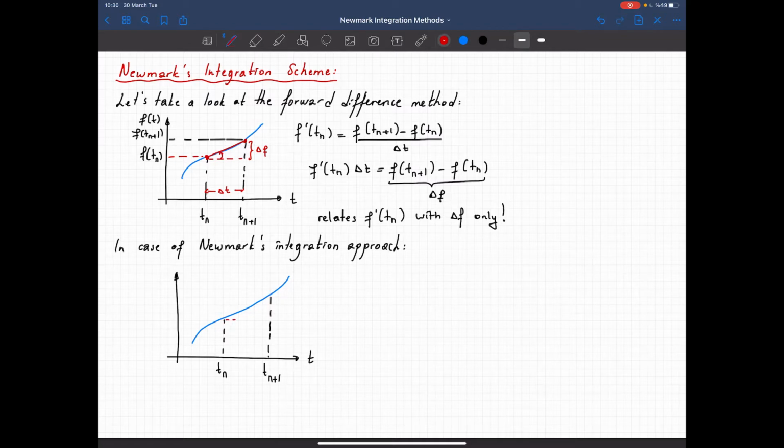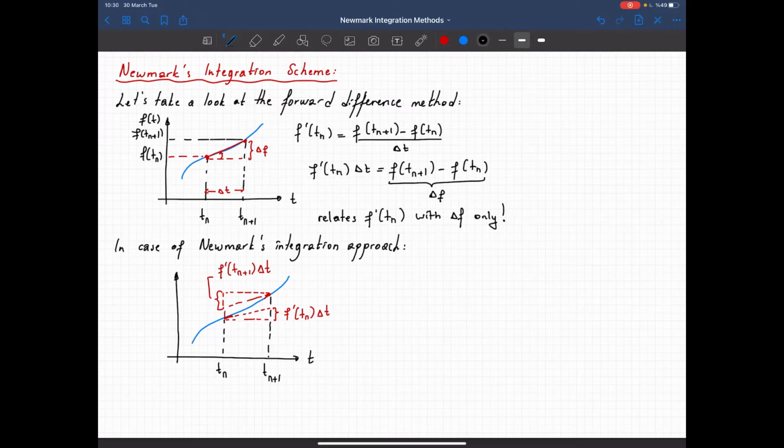So what we are doing is we are using this slope, whatever it is, and we are getting this value, and that's equal to f prime of Tn delta t, and here we are using this slope, and that will be equal to f prime of Tn plus 1 delta t, okay?